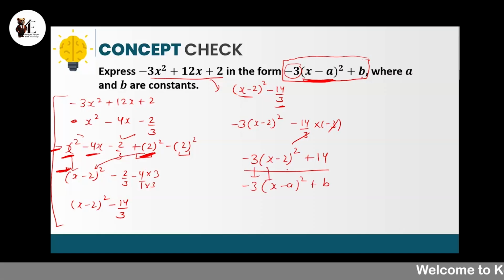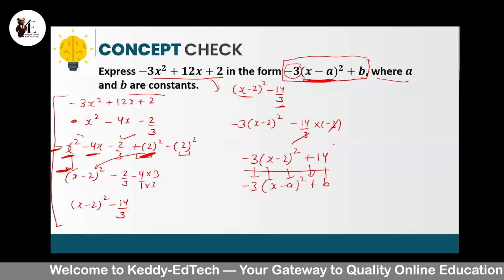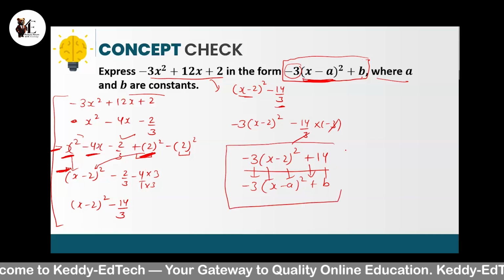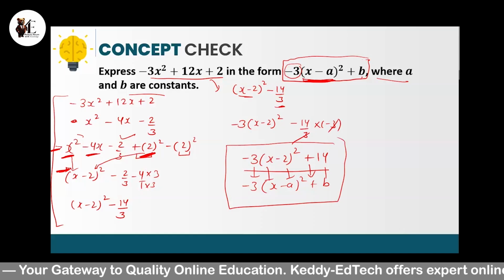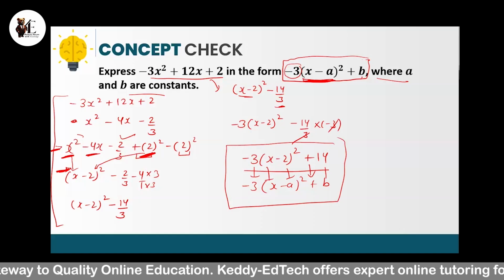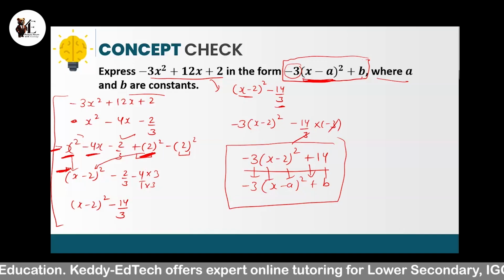So this is exactly in this form. They have written in the condition that a and b are constants, meaning the values of a and b will be some numbers. So you can see that now our equation is exactly in the form which they have mentioned. So a and b stay the same. Yes, they are constants.